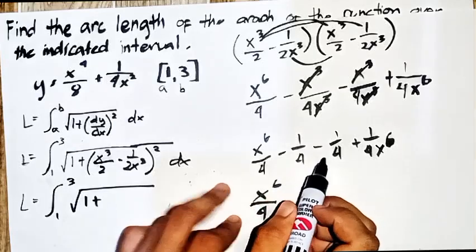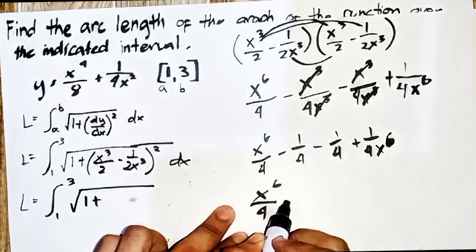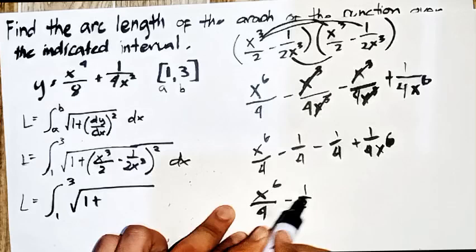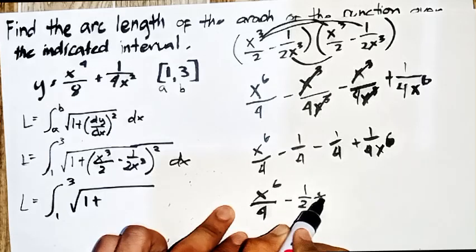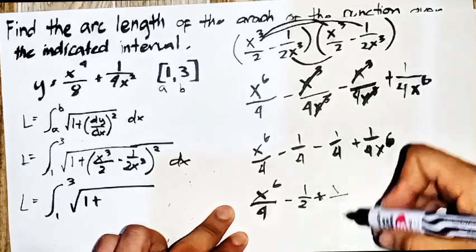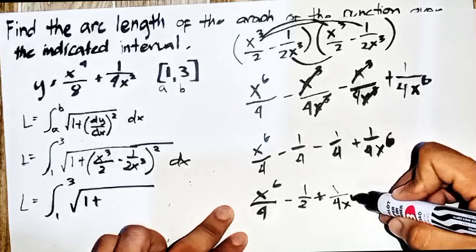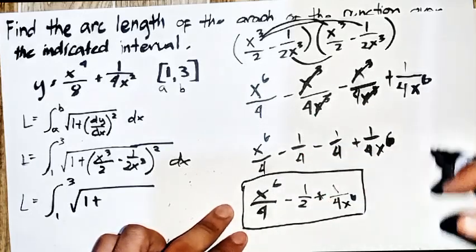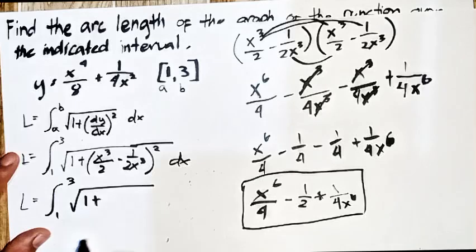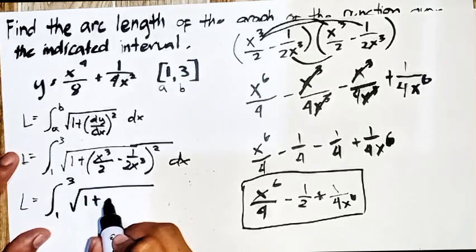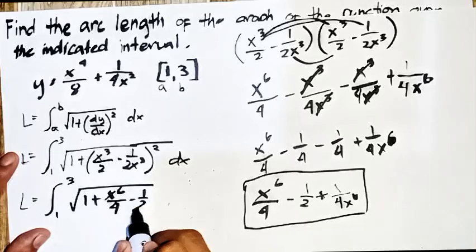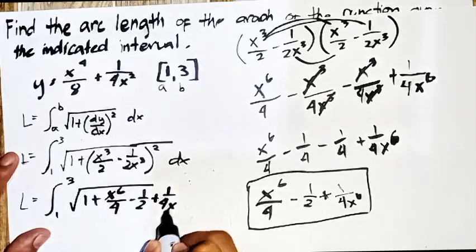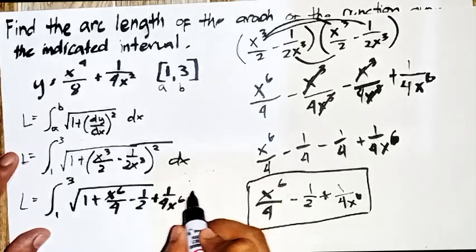Negative 1/4 minus 1/4, we have negative 1/2, plus 1 over 4x to the power of 6. Now this is the expanded one. So copy it here to our solution. We have x to the 6 over 4 minus 1/2 plus 1 over 4x to the power of 6, dx.